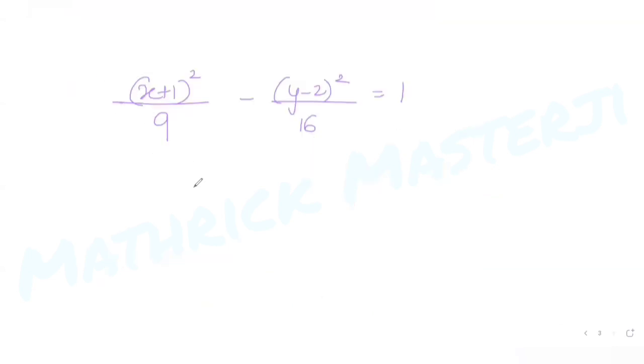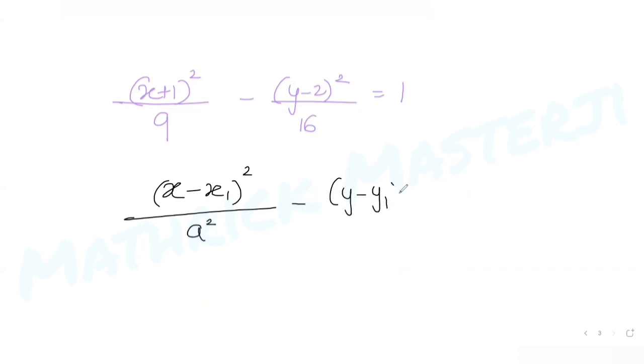Now, if I compare that with my actual general equation, (x minus x1) the whole squared divided by a squared minus (y minus y1) the whole squared divided by b squared equals 1, we get a squared turning out to be 9 and b squared turning out to be 16.